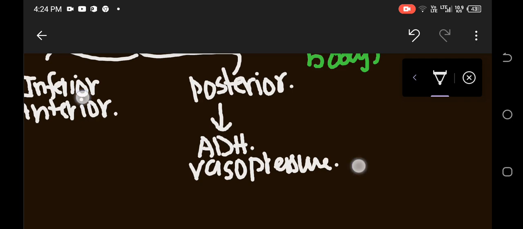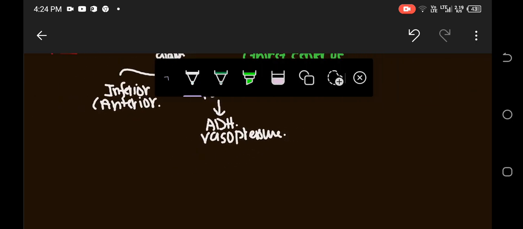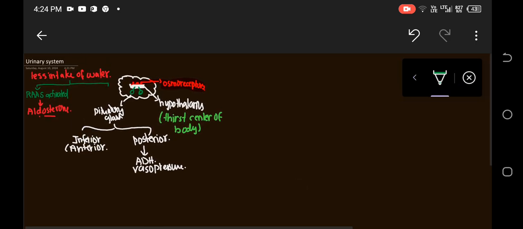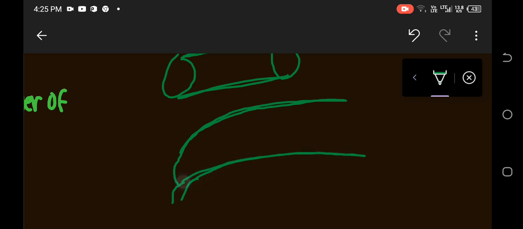Now let's see what happens here. All of this will happen in the DCT. Here is the peritubular capillary, here we have the DCT, and this is the collecting duct.